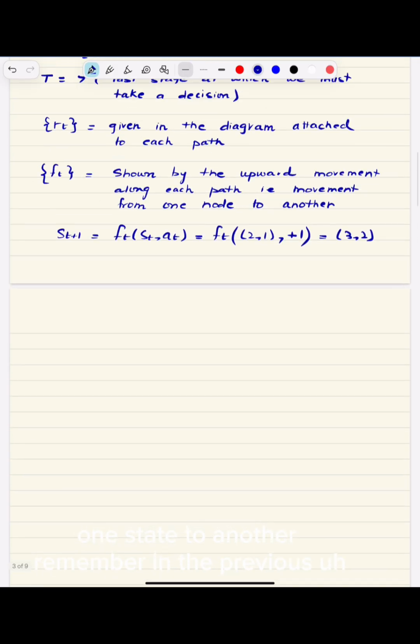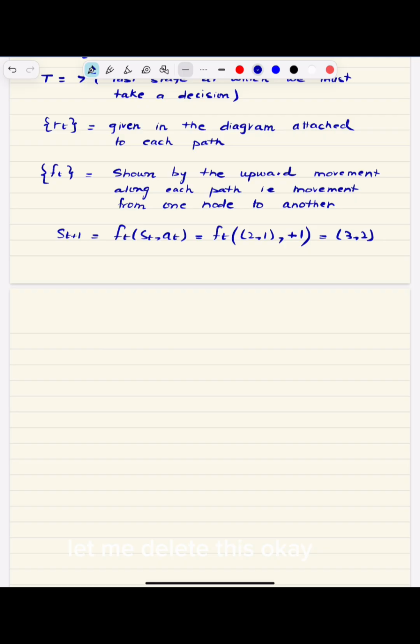Remember, in the previous lesson I said the dynamic equation of capital accumulation is given as this, and this is the state variable. It tells us the action that we are about to take and the previous period state, and it will give us the new state of the economy, which in this case was the level of capital.